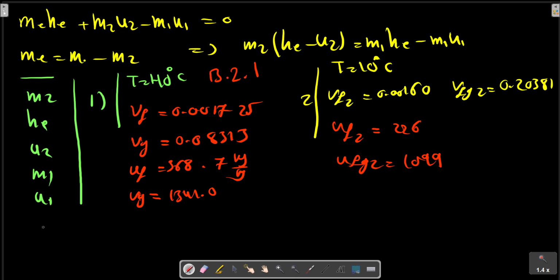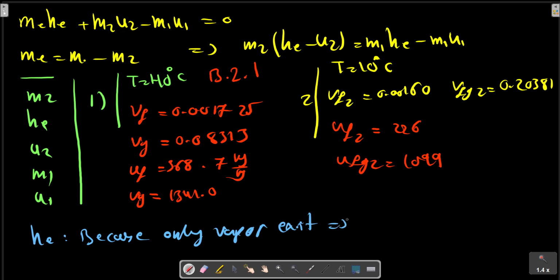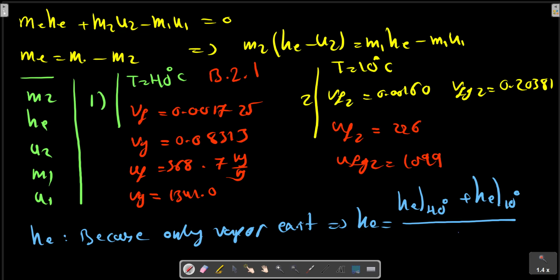At first we can obtain h_e. Because the problem says that only vapor exits, h_e should be the average of h_e at temperature 40 initial and h_e at temperature 10. It is hg.